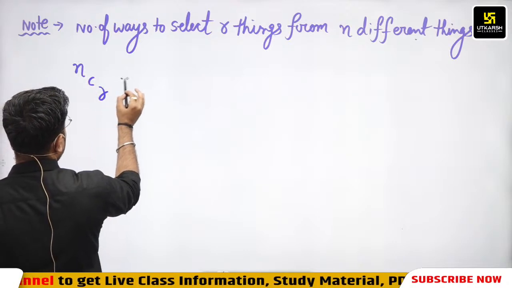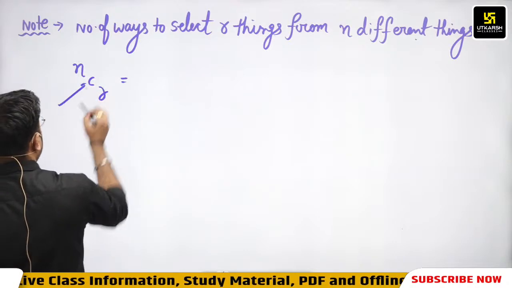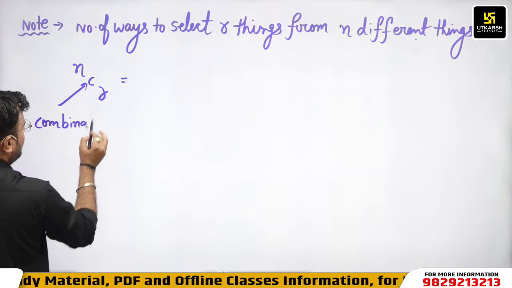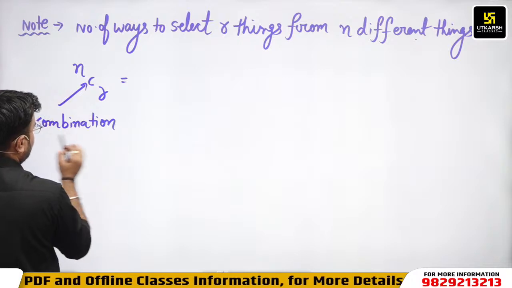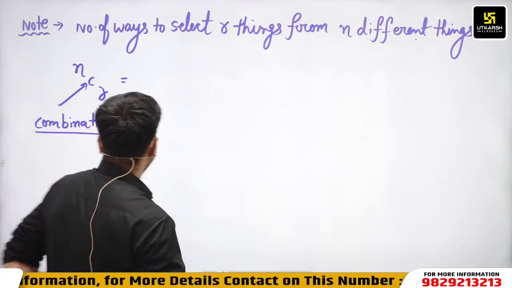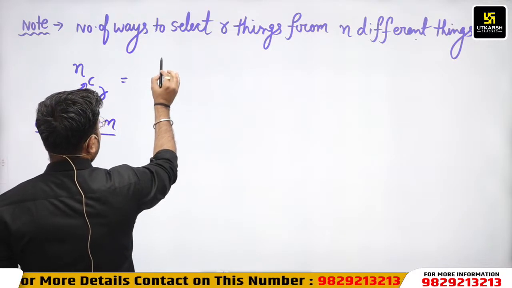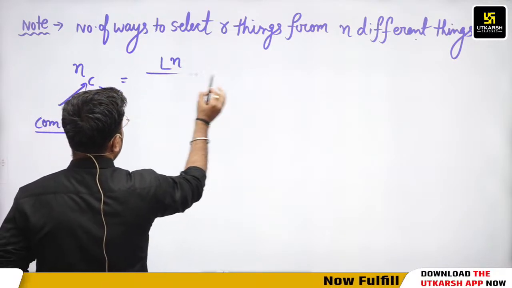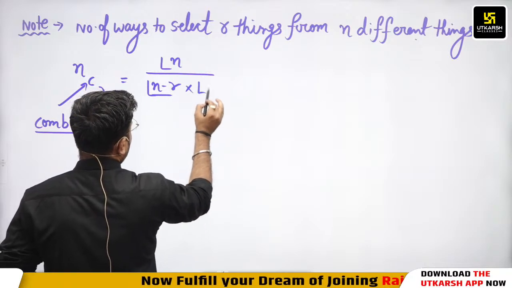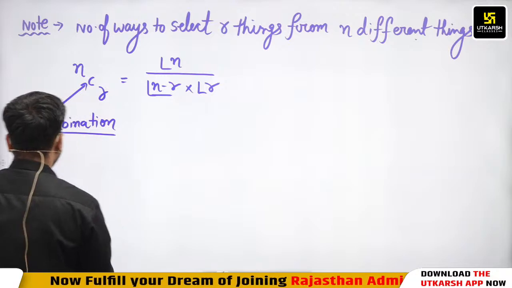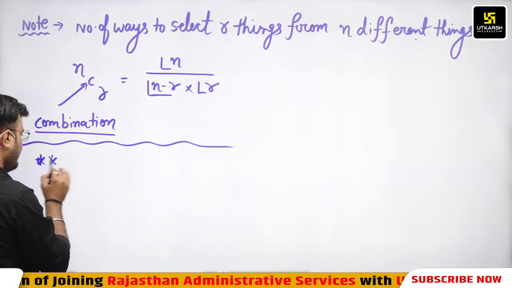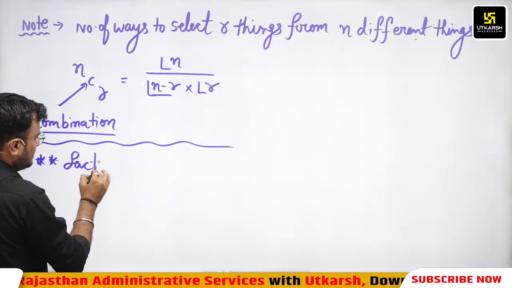nCr, where C stands for combination, tells us how many different combinations there are. nCr is given by factorial n divided by factorial n minus r into factorial r. And what is the meaning of factorial?